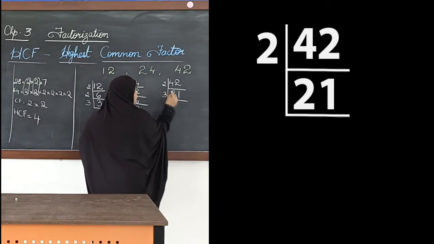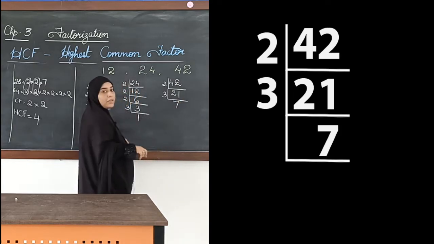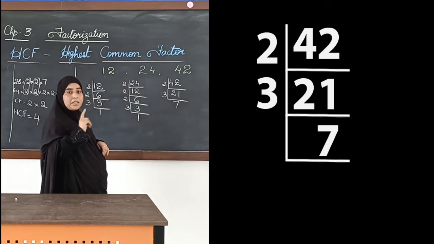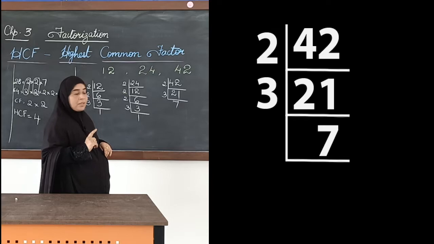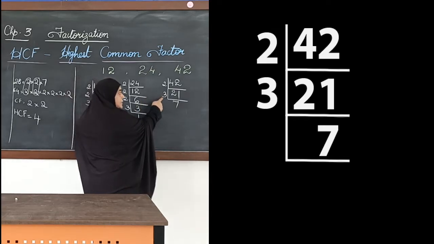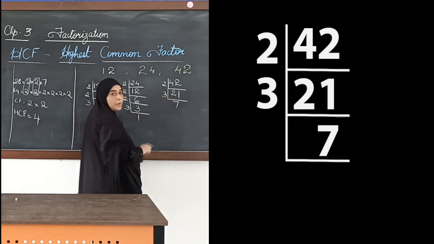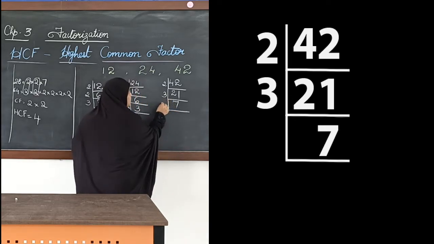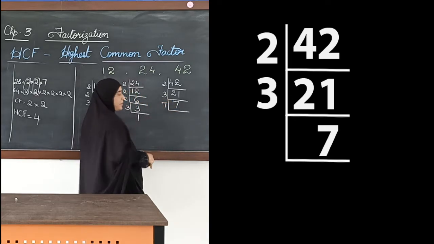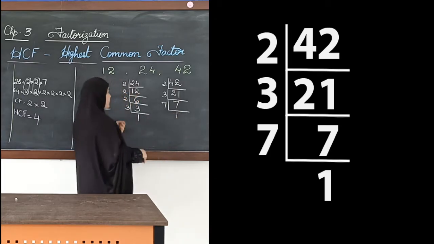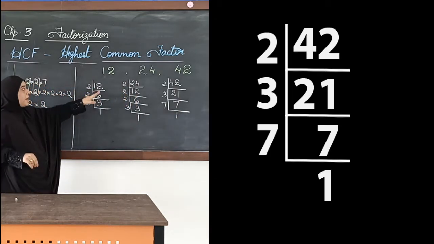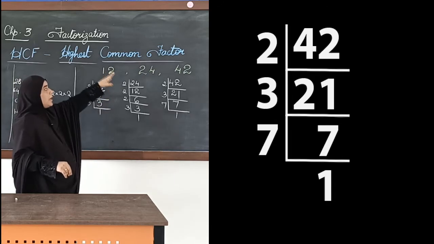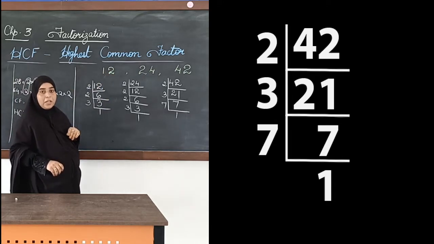So 3 7s are 21. We have to take only the prime numbers to divide. Okay, so that's why I have taken 3. 3 into 7 is 21. Now 7 is a prime number, so it will be divisible only by 7. 7 ones are 7. So 2, 3 and 7 are the prime factors of 42.